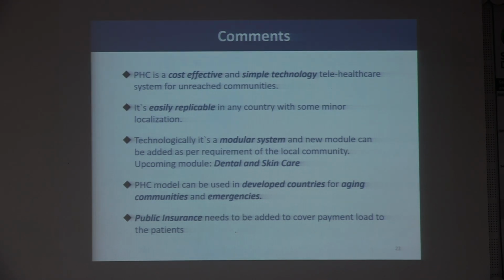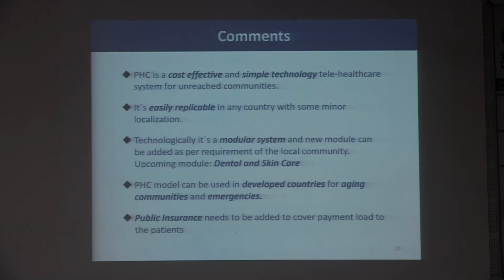And finally, I would say that the main hurdle for a sustainable system is the money, the business model. In Bangladesh, there is still no health insurance policy. So the patient needs to pay 100% of the cost involved. Sometimes it's difficult. They know that they need this service and need to pay this money, but it's difficult for them to pay that amount. So public insurance is very much required.